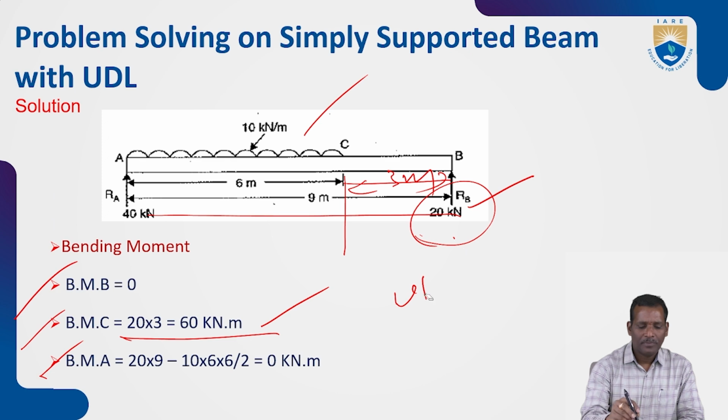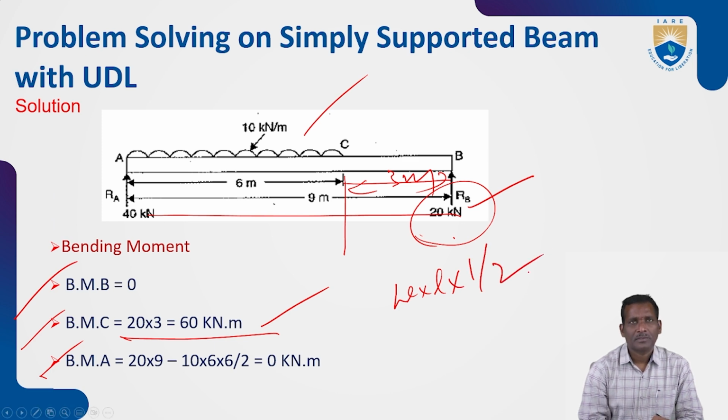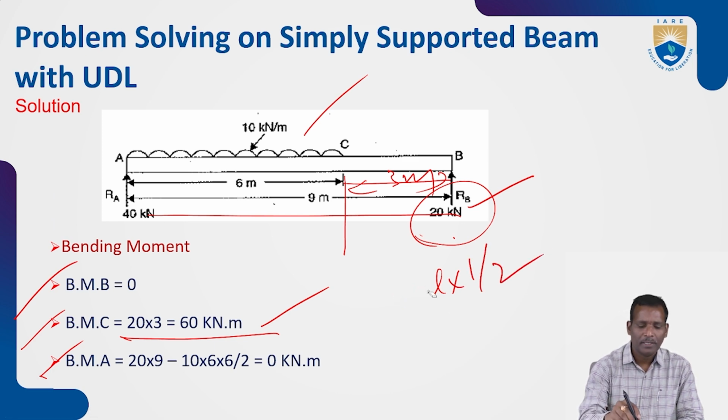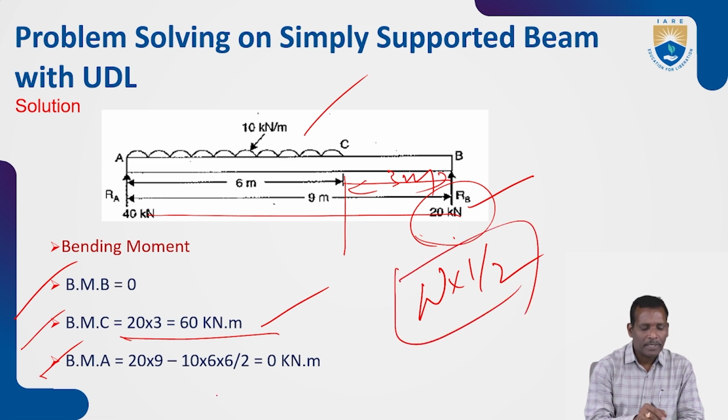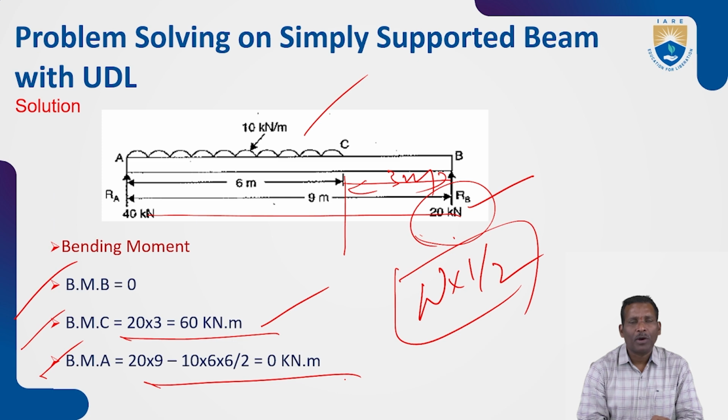We already converted this one, that is capital W into L by 2. So at point A, there is no bending moment.